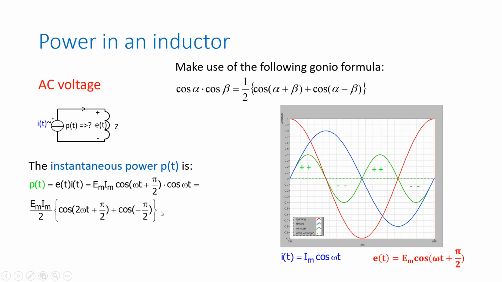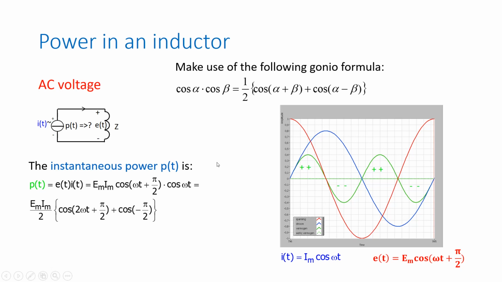So this is the cosine of minus 90 degrees or minus pi over 2 radians, which is always equal to 0. So then we get the expression that the instantaneous power at every point in time is equal to the amplitude of the voltage times the amplitude of the current divided by 2 times the cosine of 2 times omega times t plus pi over 2.